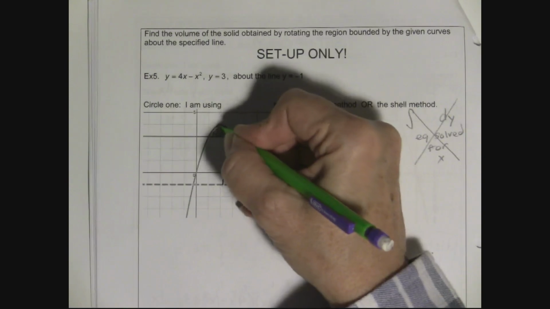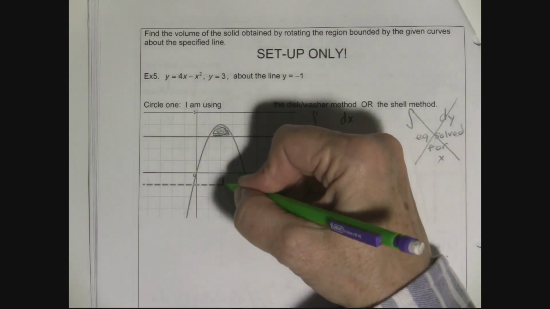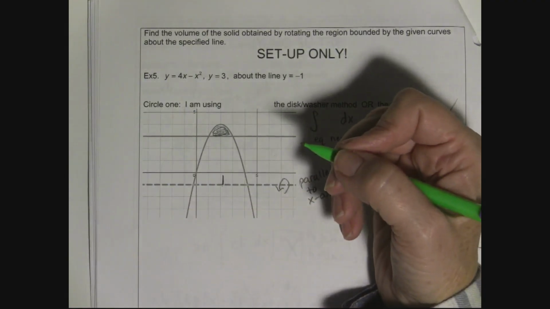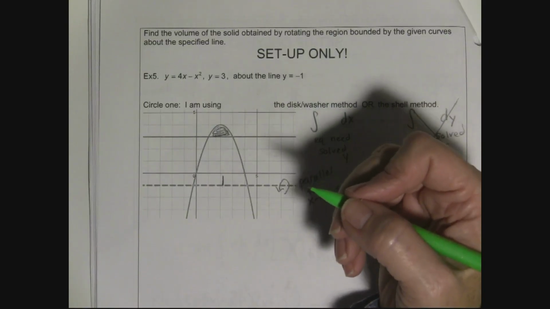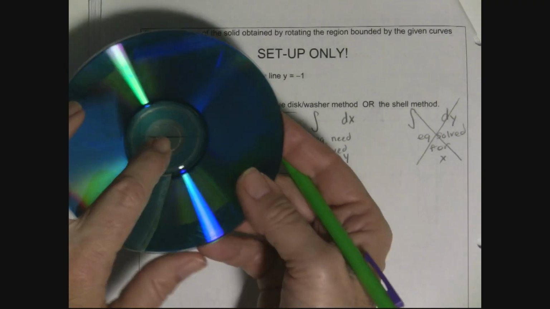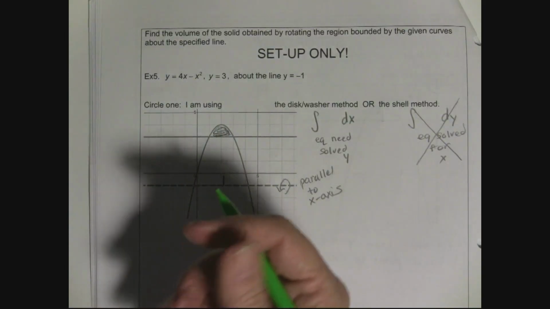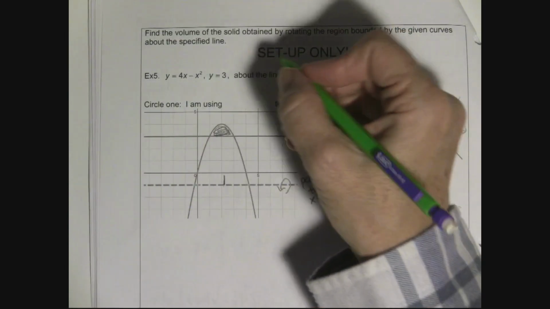I'm going to solid that in so that you can see it, and I'm immediately in air. That air is the hole in the center. I haven't drawn it in 3 dimensions, but that hole is the hole for my washer.